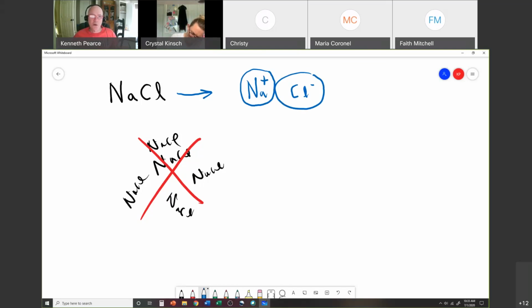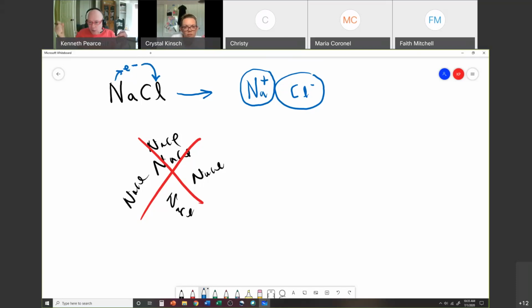If you have a sodium and a chlorine next to each other, what has happened is that you have totally ripped the electron completely off the sodium and put it onto the chlorine completely. This is what happens in ionic compounds. Now, it takes energy to remove that electron.